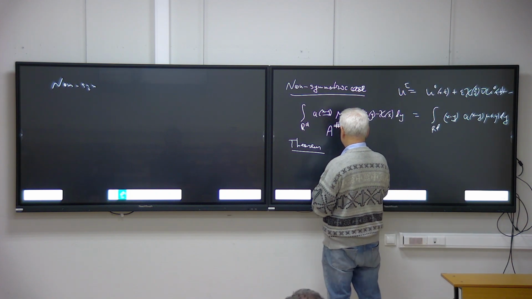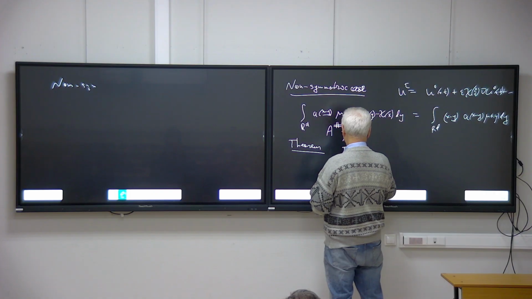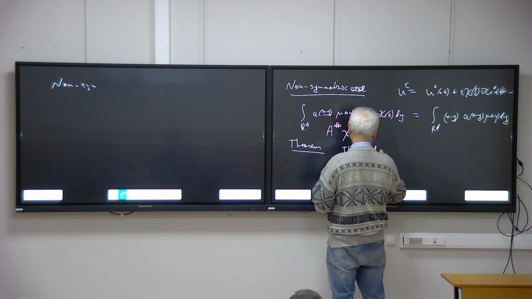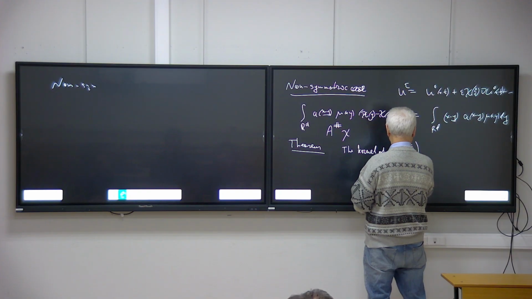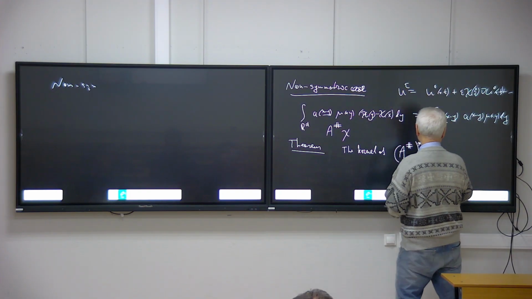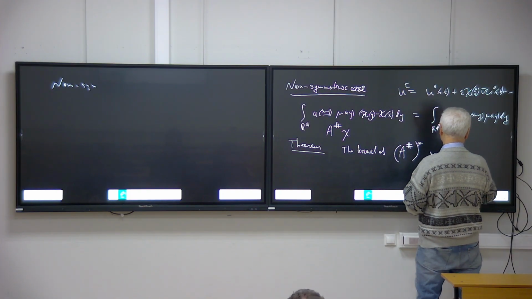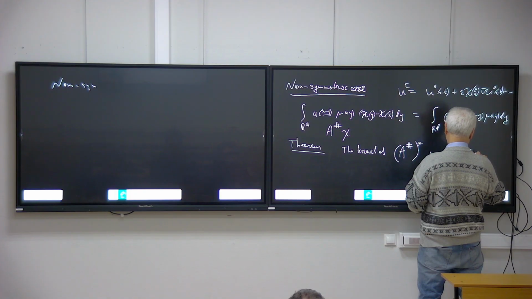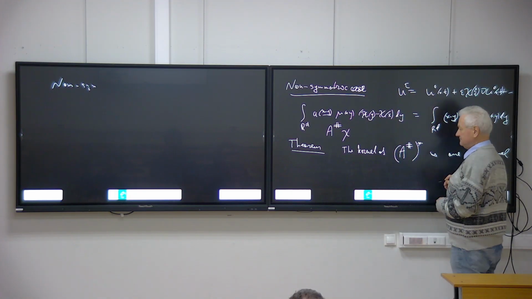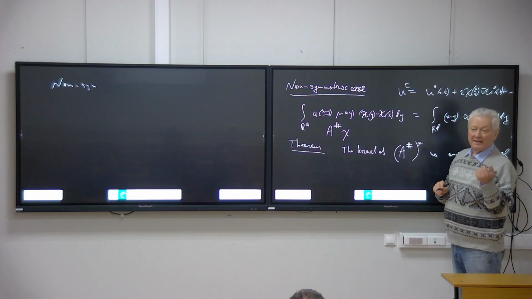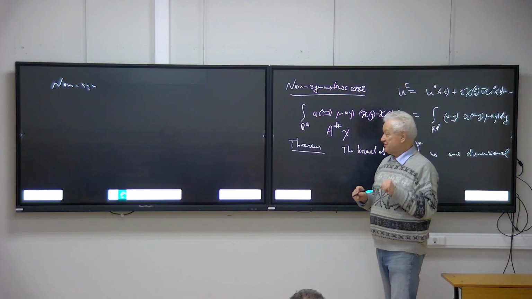So, theorem: the kernel of A hash star is one-dimensional and doesn't change sign.